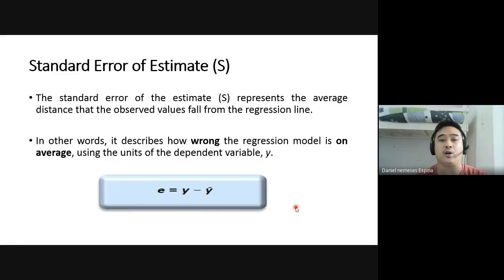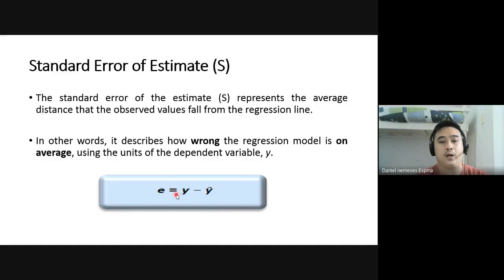So, in other words, the standard error of estimate describes how wrong the regression model is on average. Okay? How wrong? It means what could be the possible error or mistake in our forecast. So we need to average the usual error from the actual results to the forecasted results.